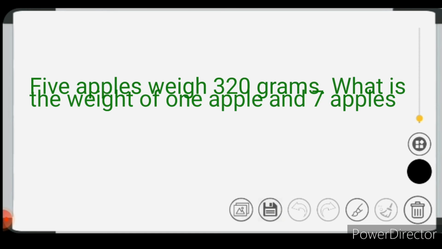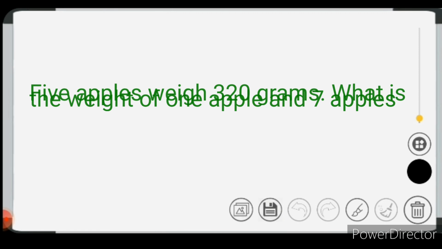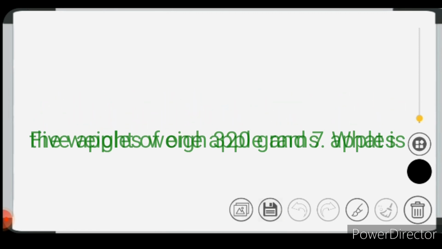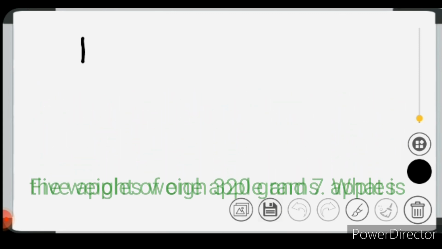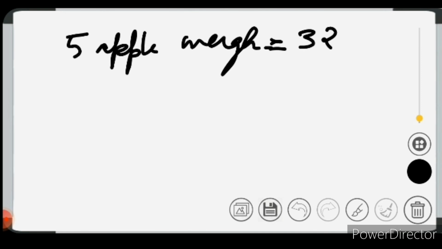Okay, students? Now next, another type of word problem, which they usually ask in the ratio and proportion chapter. The question is, 5 apples weigh 320 grams. Work out the weight of 1 apple and 7 apples. Very, very simple. So 5 apples weigh 320 grams.